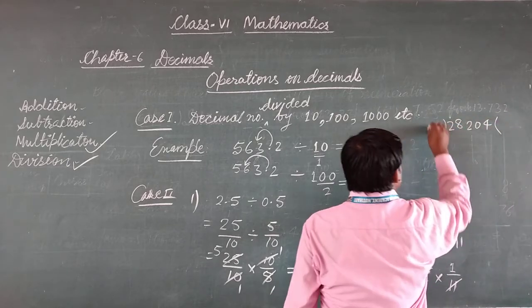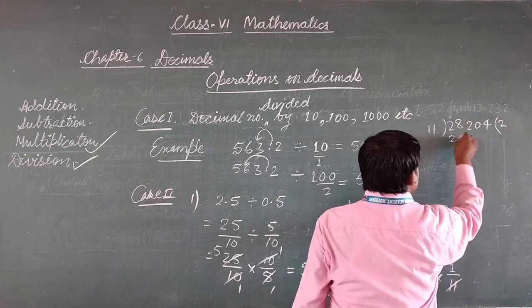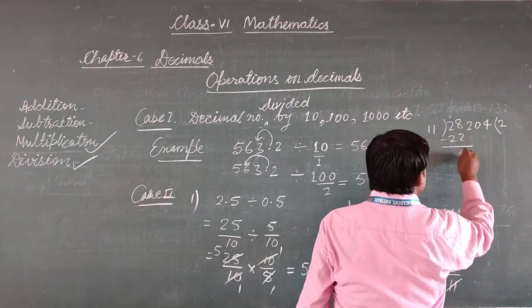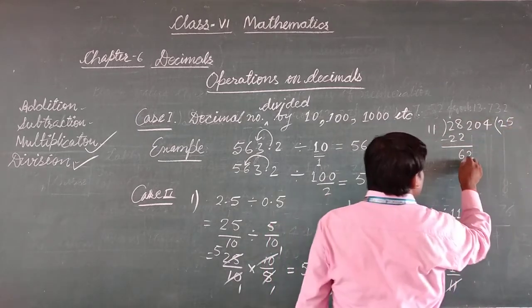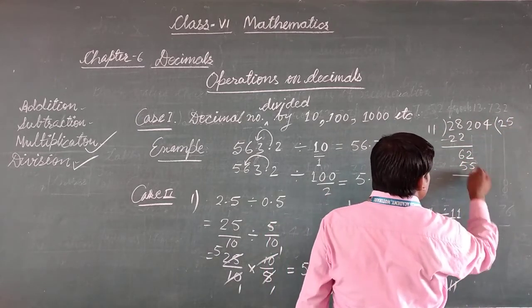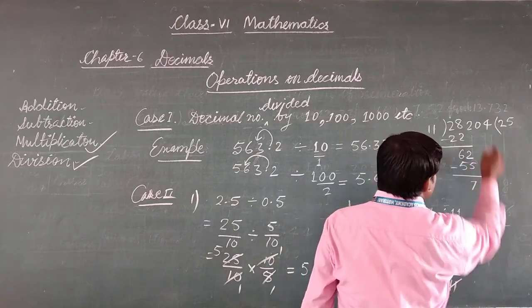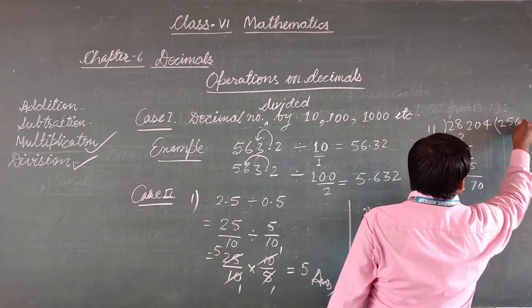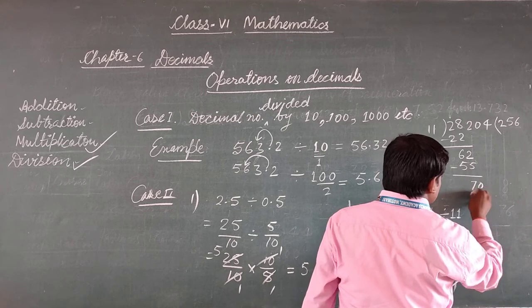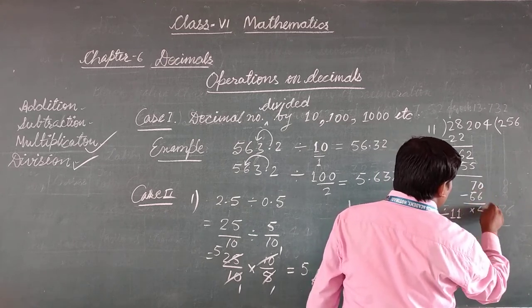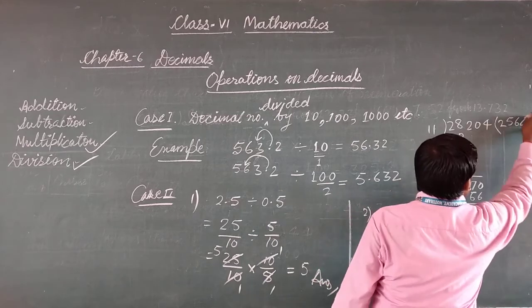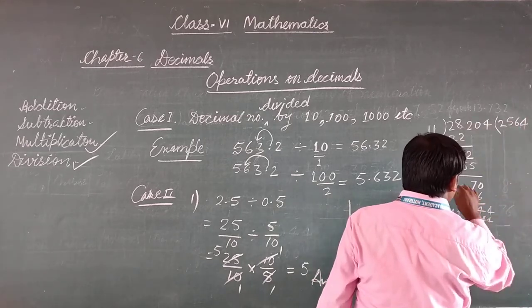You can divide it, check here, 28204 by 11. 11 twos are 22. 6, 2, 11 fives are 55. 7, 0, 11 sixes are 66. 4 and 4, so 11 fours are 44.